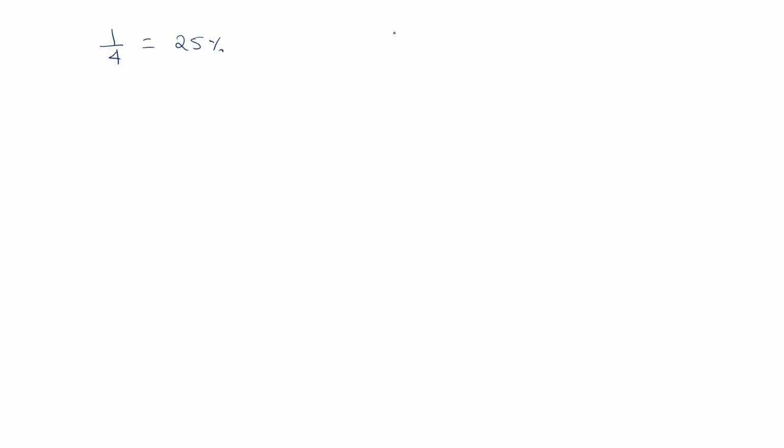If we need to convert the fraction 3 upon 4 into percentage, how do we do that? 3/4 is nothing but 3 times the fraction 1 by 4. 1 by 4 is 25%, and 3 times 25 is equal to 75%.